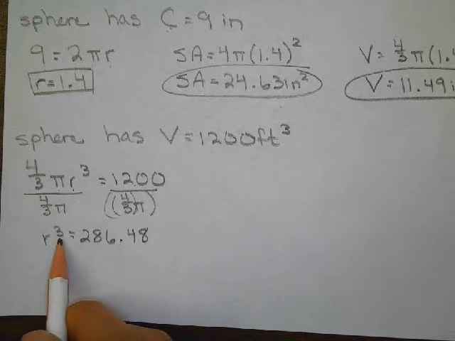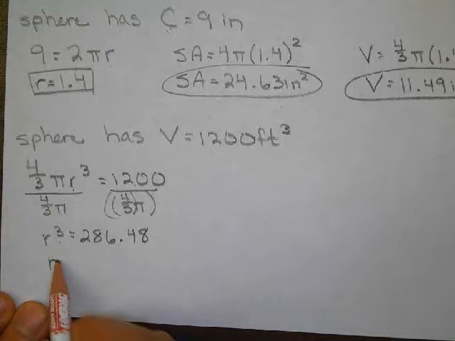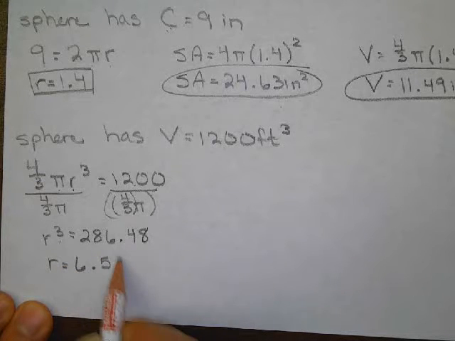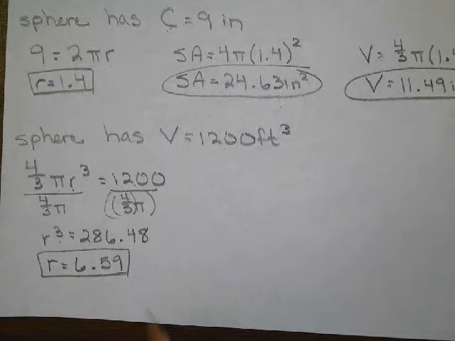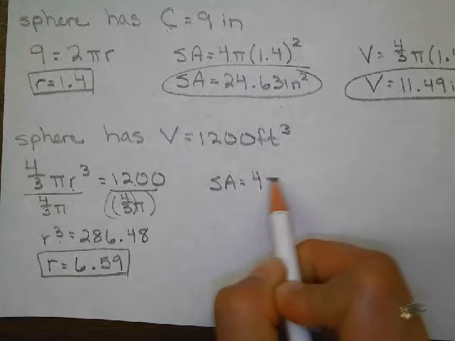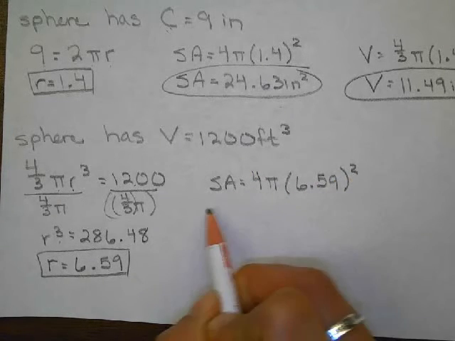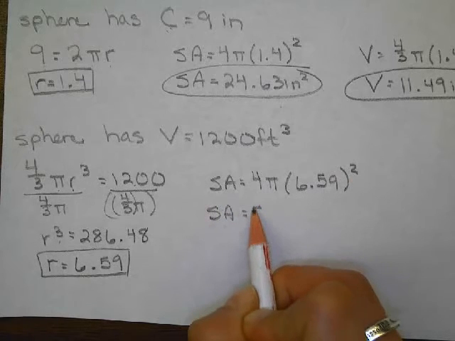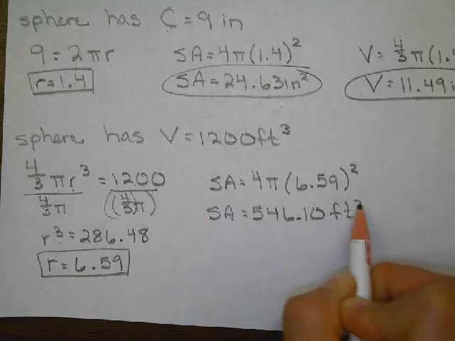And now, since that's cubed, we have to cube root this, which ends up getting a radius of 6.59. Now that I have my radius, I just plug it in to surface area, which is 4 pi r squared. So I end up with a surface area of 546.10 feet squared.